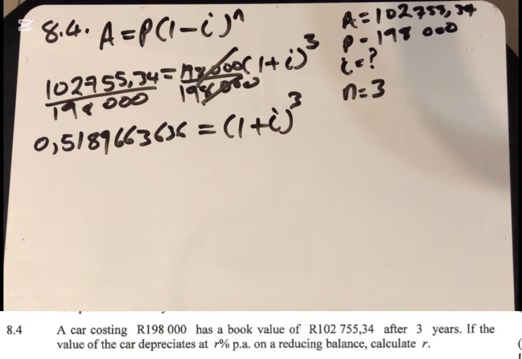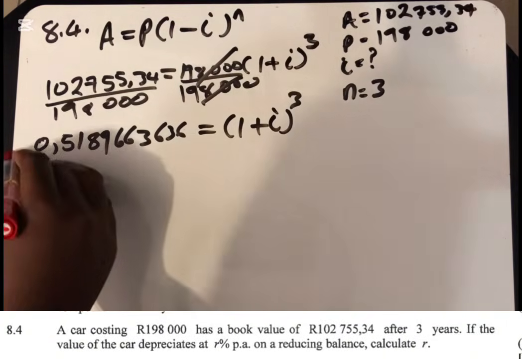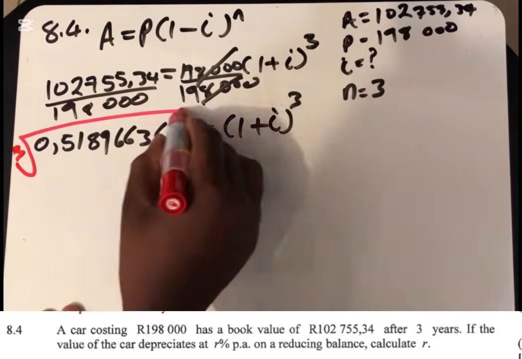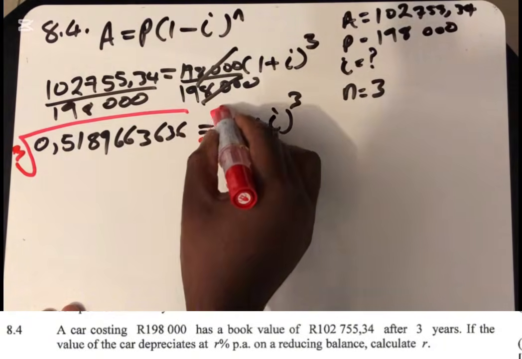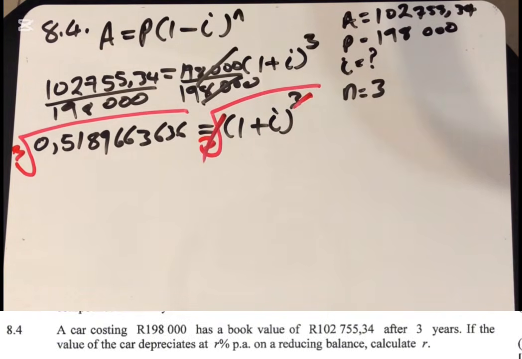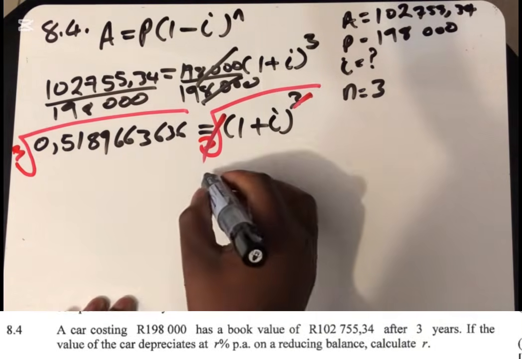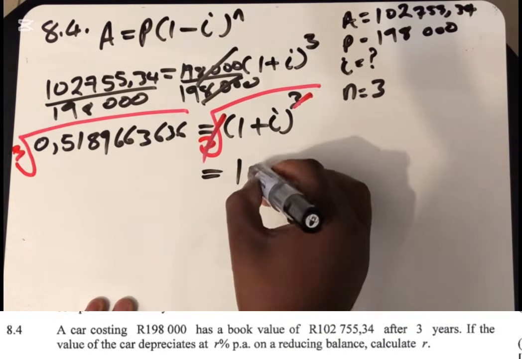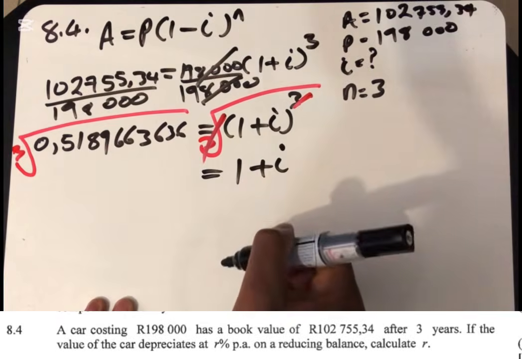We have to get rid of this to the power 3, so we just have to cube root everything. The cube and this will cancel each other. After canceling each other, we remain with what is inside the bracket, which is 1 plus i.